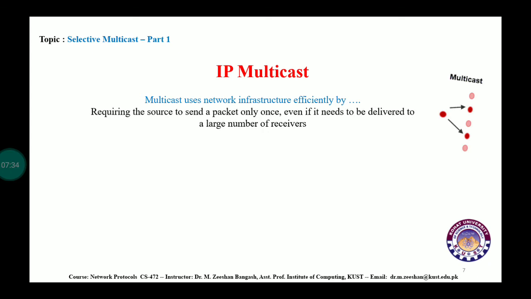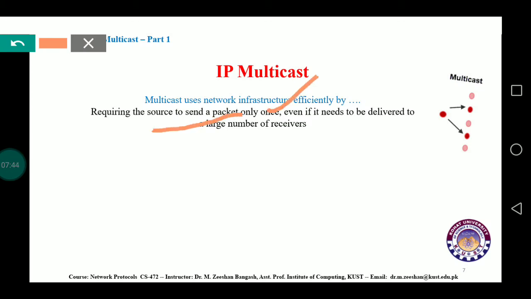By requiring the source to send a packet only once, even if it needs to be delivered to a large number of receivers, and that number can be from tens to hundreds to thousands. So the sender only sends one packet, and need not send to the thousand receivers independently. A single transmission will help to transmit this information to multiple receivers at the same time.